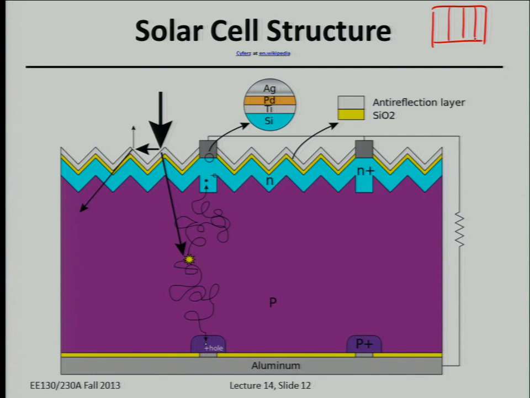Okay? So those shiny lines are the metallic conductors that electrically conduct current out of the solar cell. So it's an NP diode stack, and you have to make contact on one side where light is shining in.